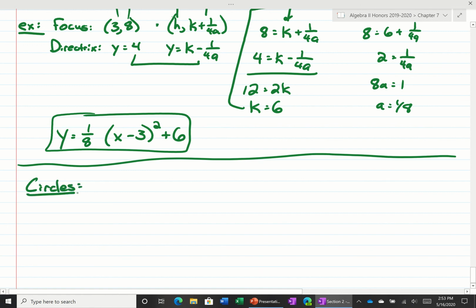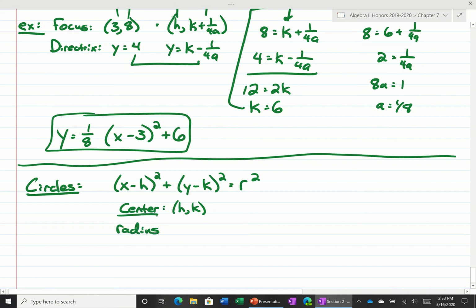And with circles, we had the equation x minus h squared plus y minus k squared equals r squared, where our center is h comma k, and our radius is going to be just r units.